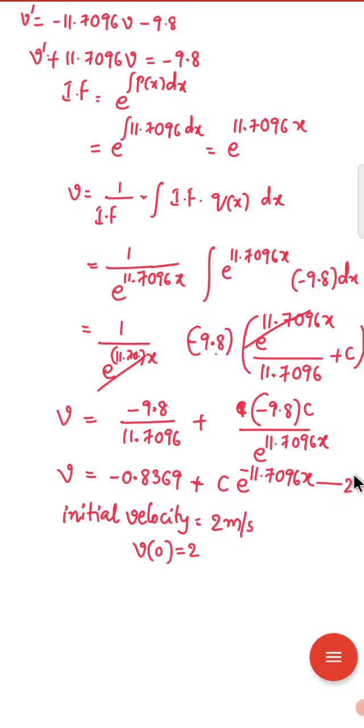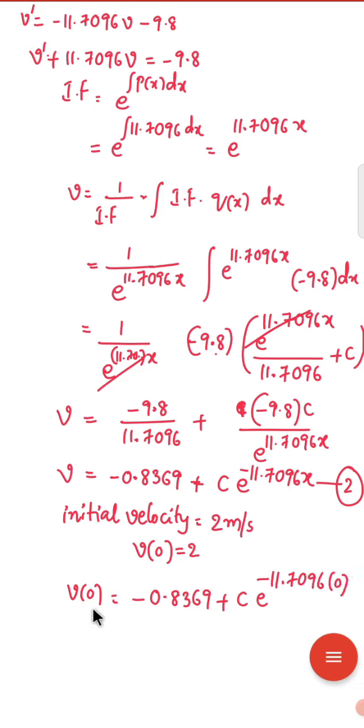Let's say this is equation 2. So v of 0 is minus 0.8369 plus c e to the power of minus 11.7096 into 0.